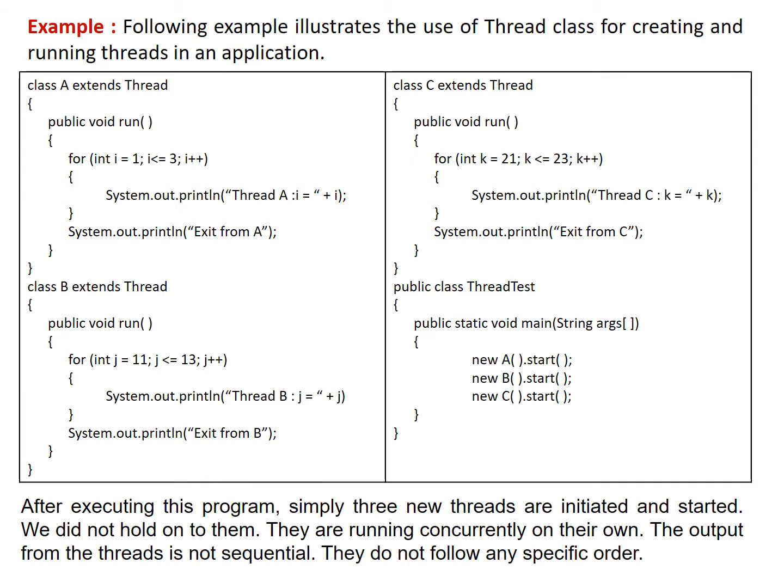The output from the threads is not sequential. They do not follow any specific order. They are running independently of one another, and each executes whenever it has a chance. Once the threads are started, we cannot decide with certainty the order in which they may execute the statements.